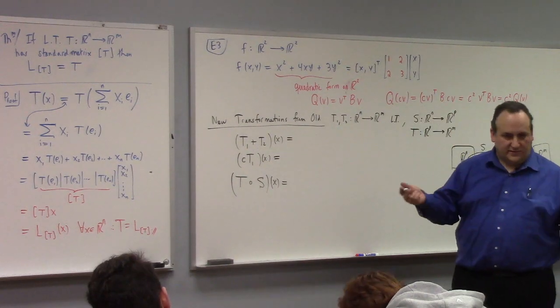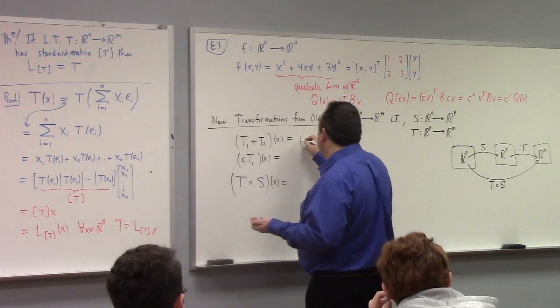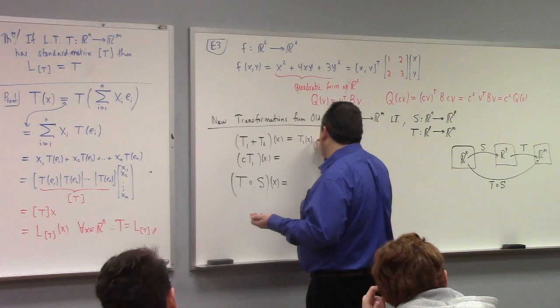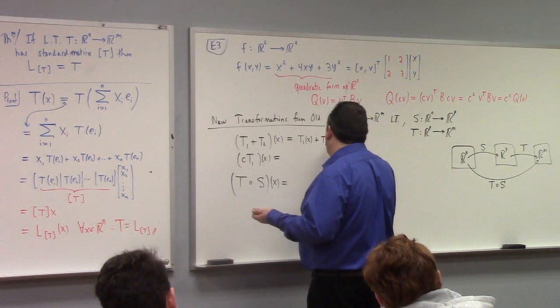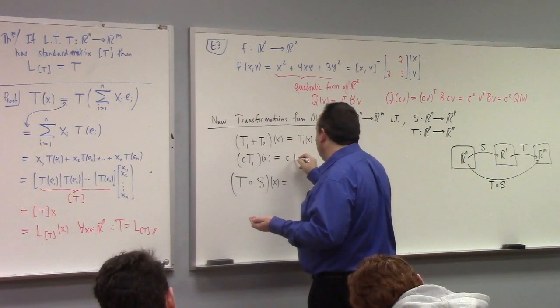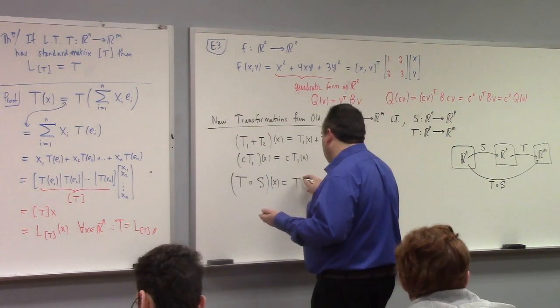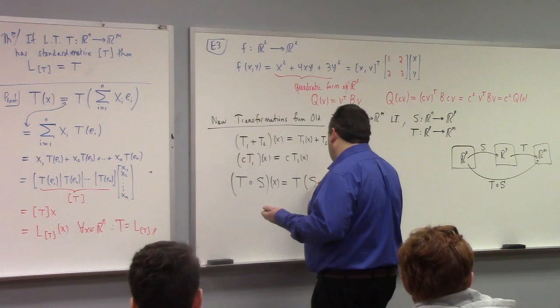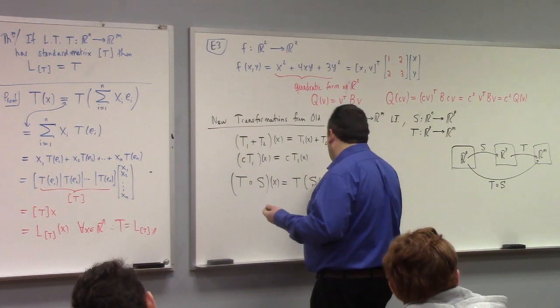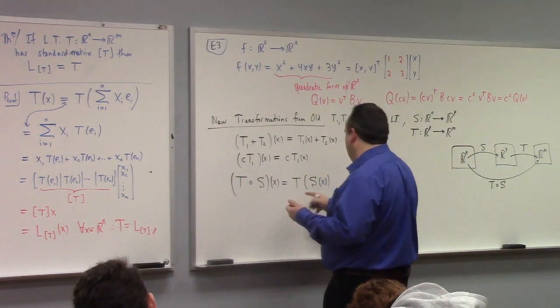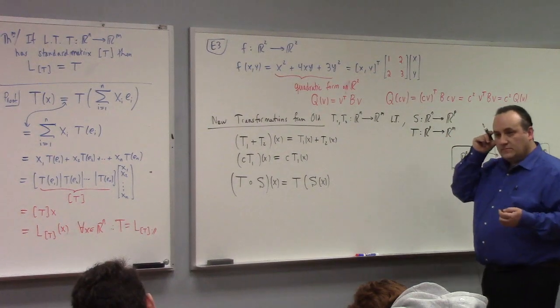Pointwise, right? Still true here. So T1 plus T2 is defined by T1 of x plus T2 of x. And cT1 is defined by c times T1 of x, right? And composition means that you take one of the transformations and you plug it into the other. So this is T of S of x, like that.